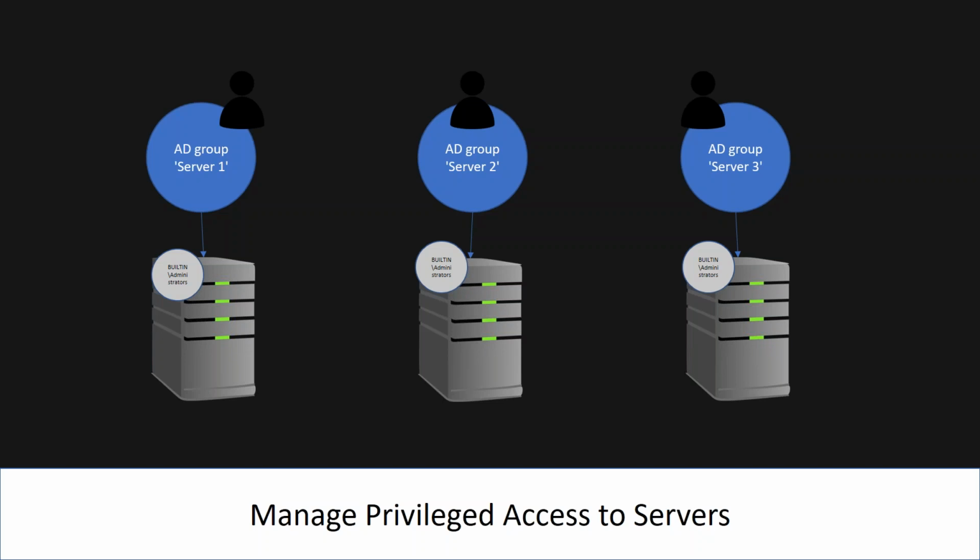So when I need to give administrative access to that server, all I need to do is add the AD user into the AD group server 1, and hey presto, he's got admin access to that server until I remove him. And again, you can use delegation of control and organizational units to control who is able to populate these groups.